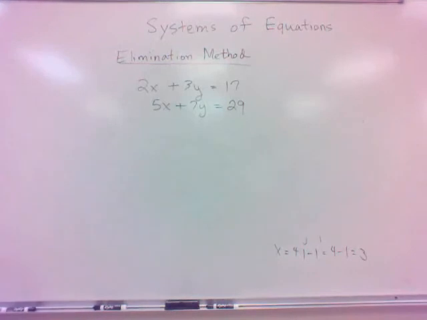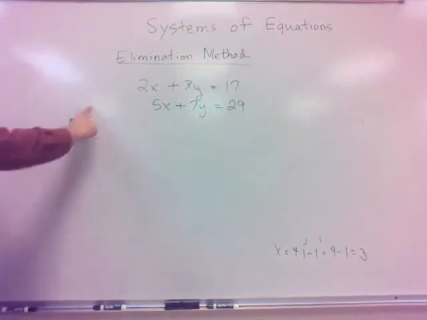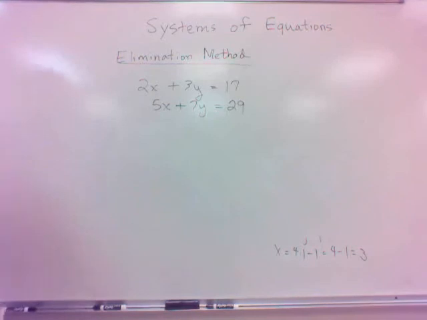All right. So in this elimination method, what you're doing here is, like the name suggests, we're trying to eliminate something, and we're trying to eliminate one of the variables. And so the first step is just to choose one of the variables to eliminate.